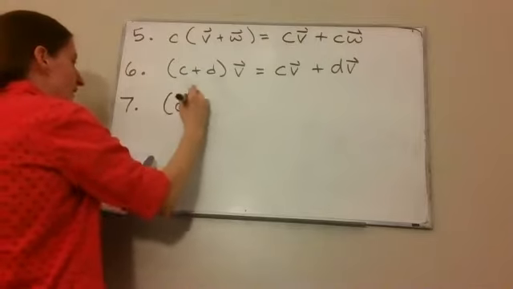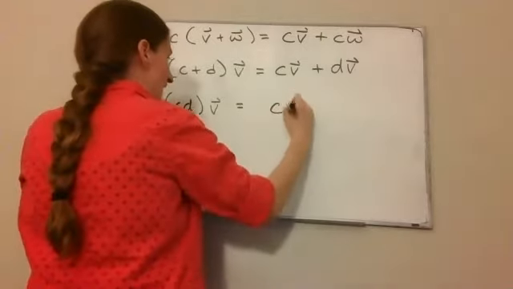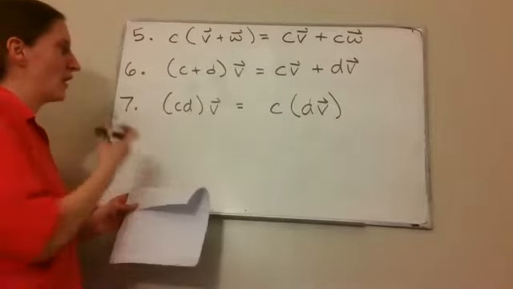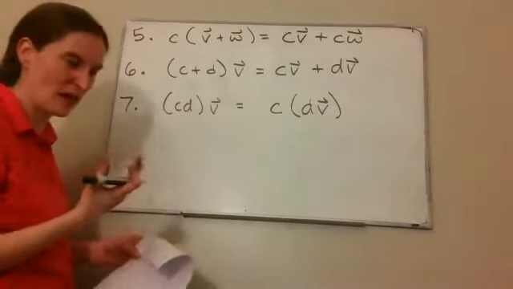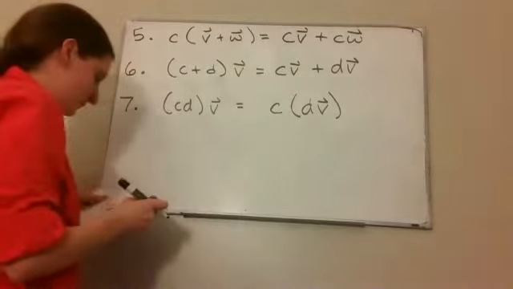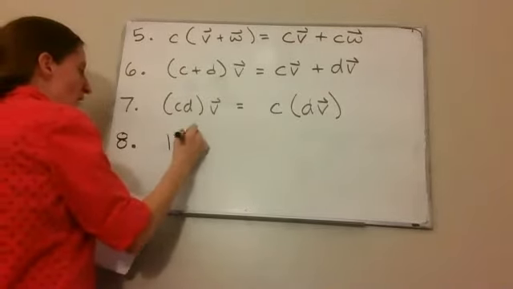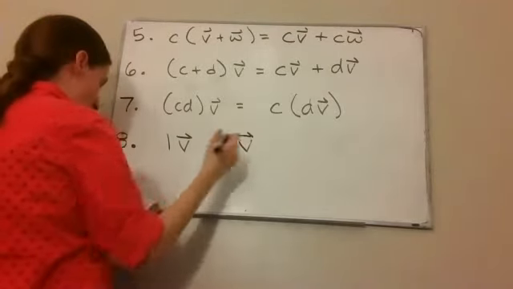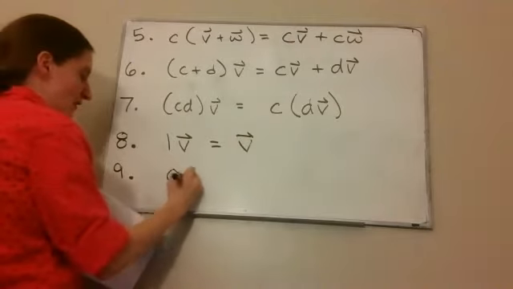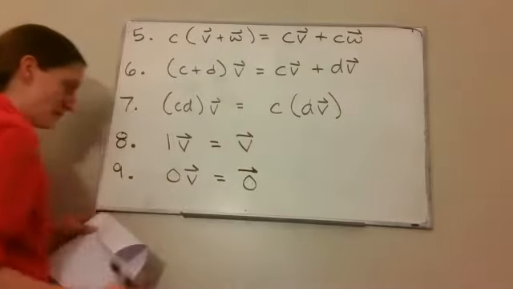Property 7, C times D times vector V is the same thing as C times the quantity D times vector V. So in our multiplication of scalars, it does not matter if you multiply the scalars first or multiply one scalar at a time. Property 8, 1 times vector V is just vector V, a multiplicative identity. Property 9, 0 times vector V is the 0 vector.